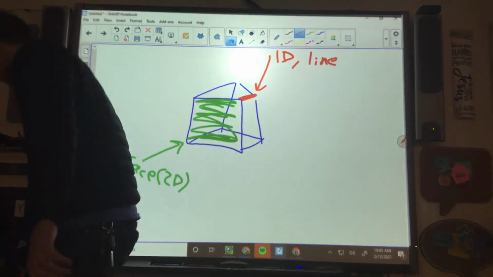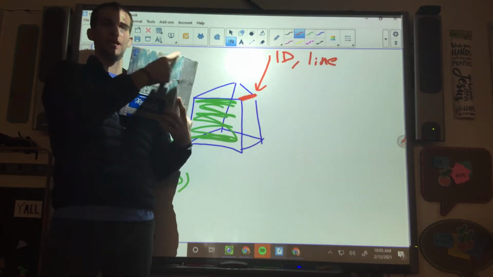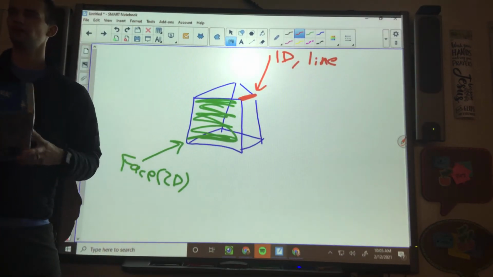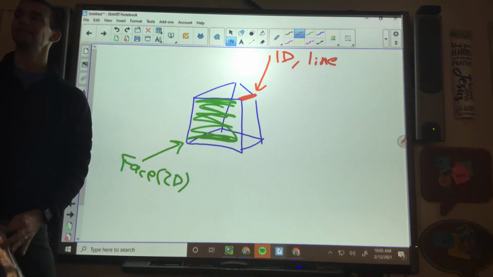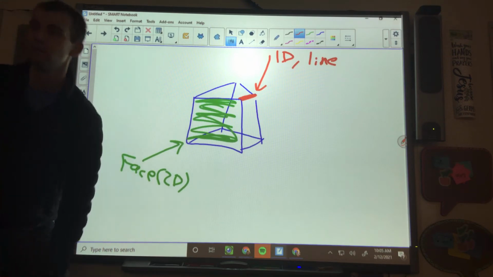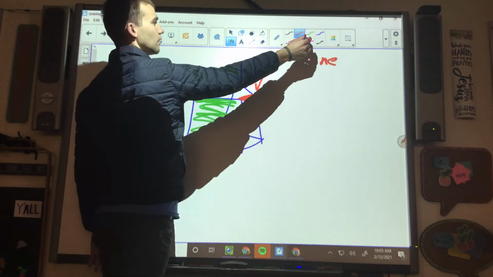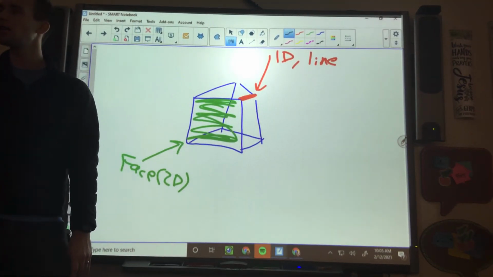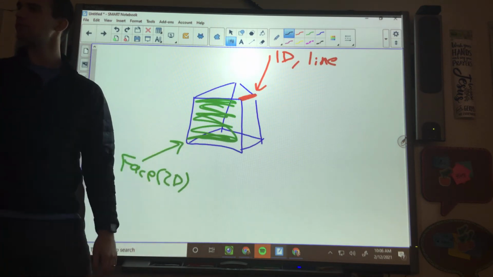So if I had this is my face, this is the edge, a vertice, anyone got a guess? I'll give you a clue, it's the plural of vertex. So what's a vertex? Yeah? It's part of a rectangular prism. Yeah, but so are these other two. That's not telling me anything new. Yeah?